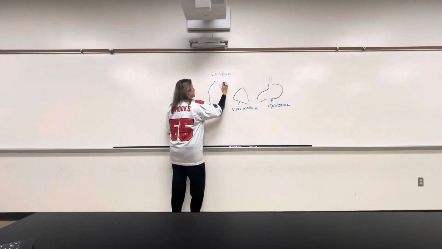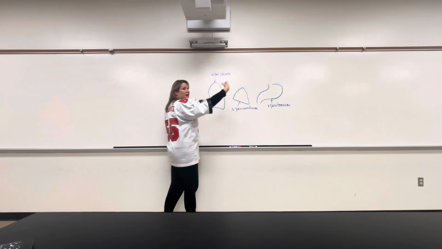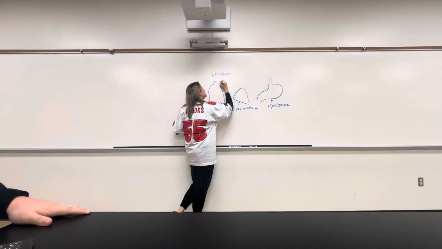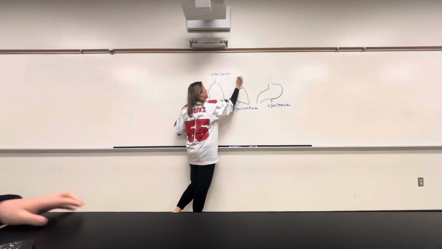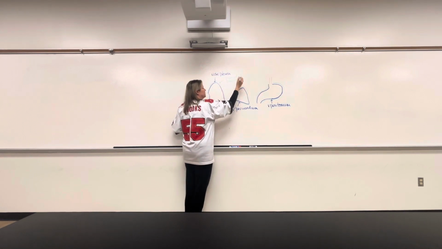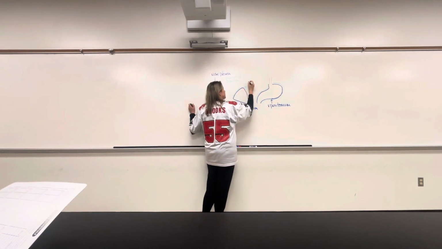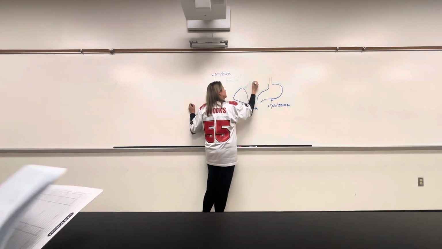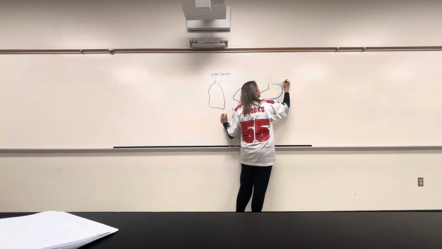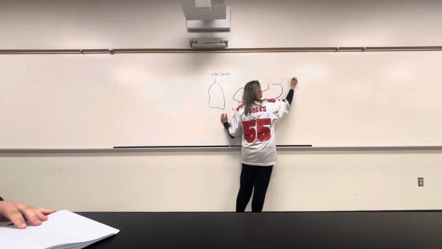All right, this layer that is more external, more superficial, is called the parietal layer. In this case, it's the parietal pleura. Obviously, you get it. Parietal pericardium, and this would be the parietal peritoneum.